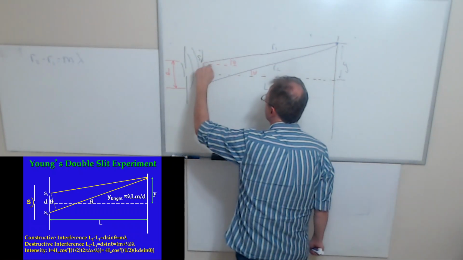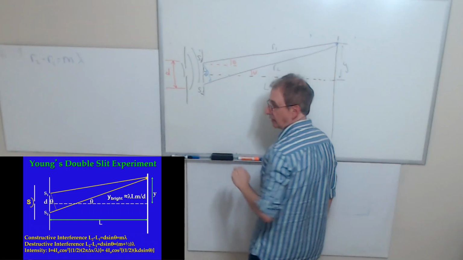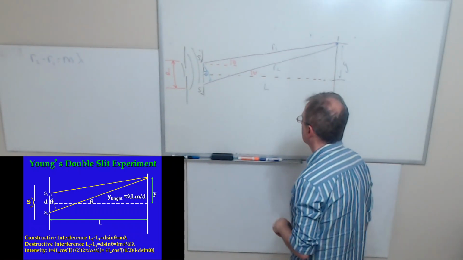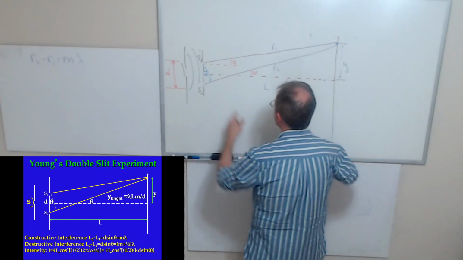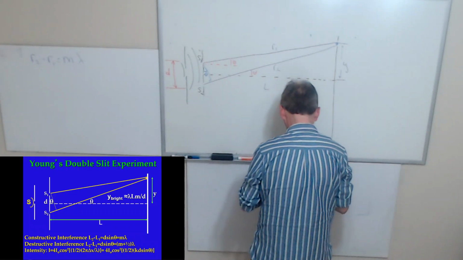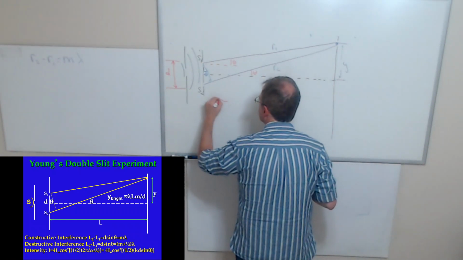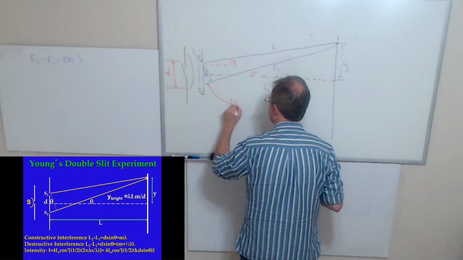This is a 90-degree angle. That's a 90-degree angle. You can easily show that this angle theta and that angle theta are the same. And really, then the difference between this and this is just this guy. And so our path difference is just this thing, which is d sine theta.